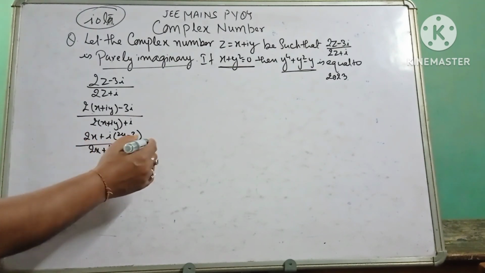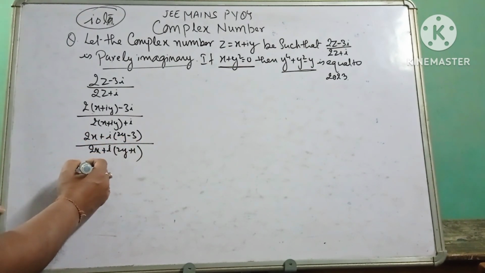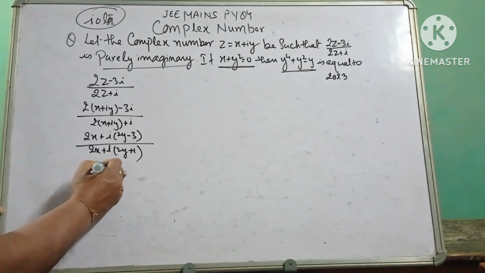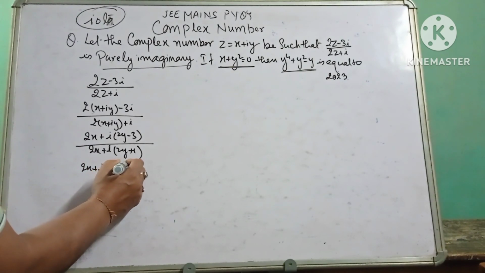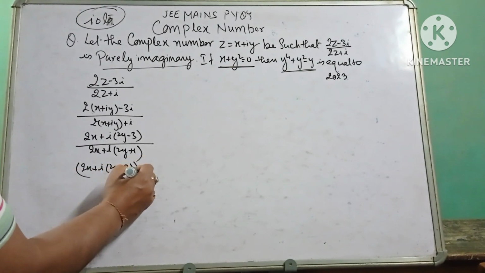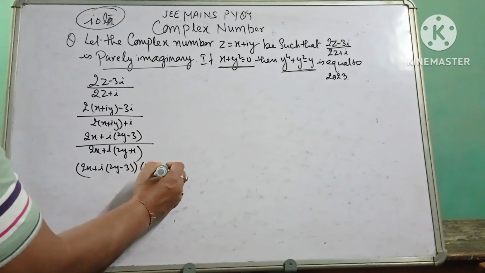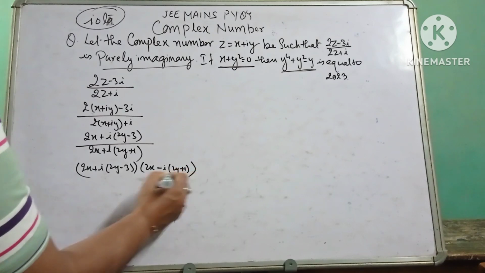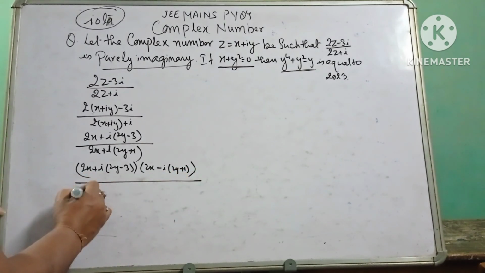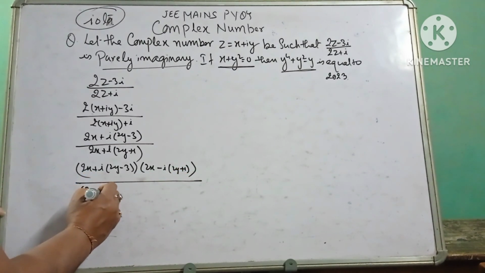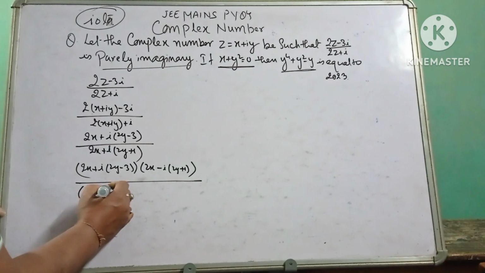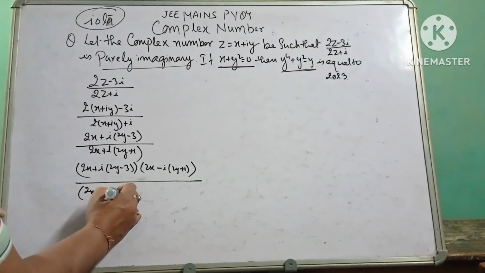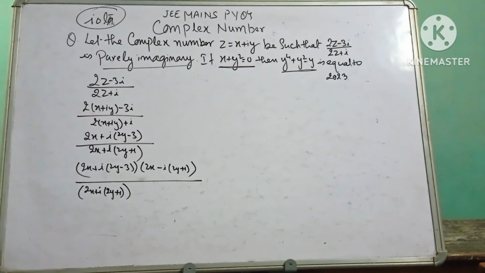So when you are going to rationalize it, here 2x, 2y minus 3 into 2x minus i 2y plus 1, and here 2x plus i, remember this is iota, right?